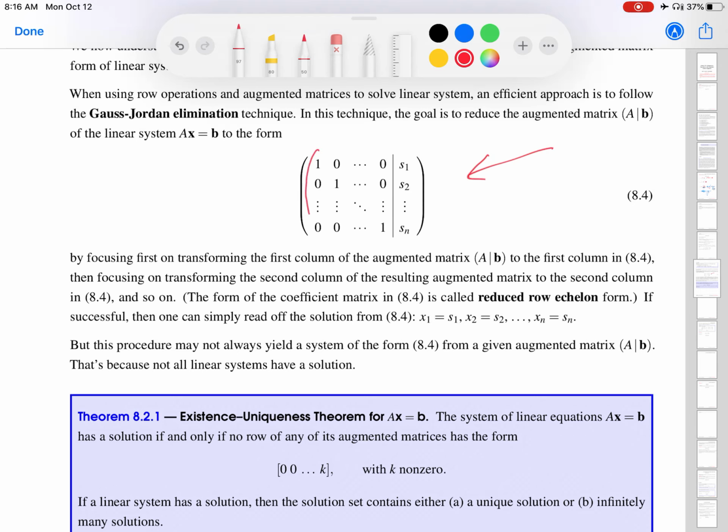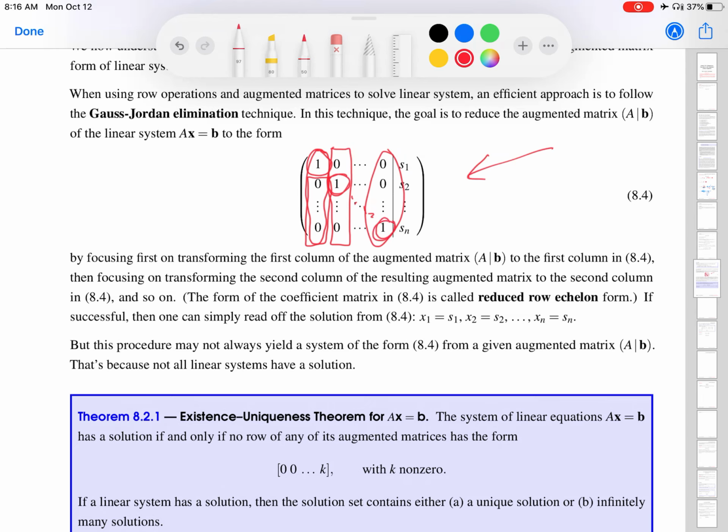As we've done in the previous videos, we work on the first column, try to do row operations to zero out everything but the first entry, the first row. And then we move over to the second column, and we try to zero out everything except for the entry in the second row. And then we keep going that way until we get to the last column, zero out everything except for the entry in the last row.